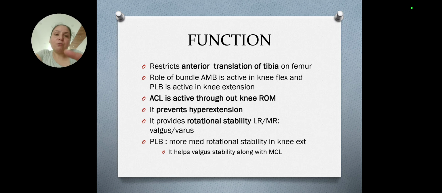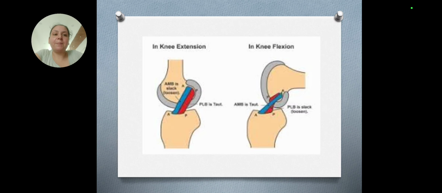We can say the anterior cruciate ligament is active throughout the knee range of motion, and it prevents hyperextension also. It also provides stability in rotational movement, more medial rotational stability in knee extension. I can show you in this diagram.